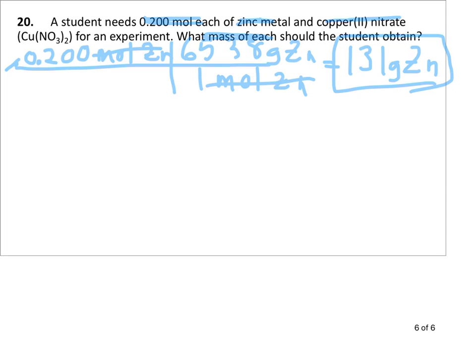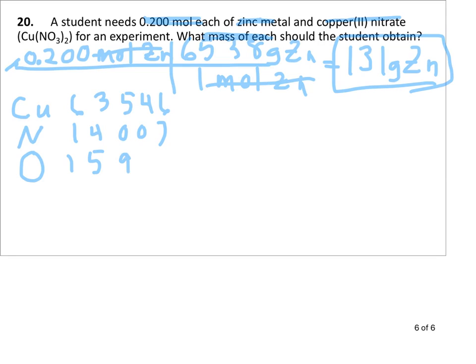Then we have to do the copper 2 nitrate. And here we first have to figure out the molar mass. So we've got copper, nitrogen, oxygen. 63.546 for copper. 14.007 for nitrogen. And 15.999 for oxygen.